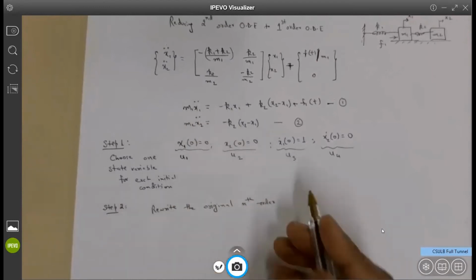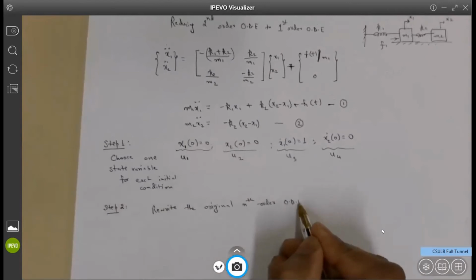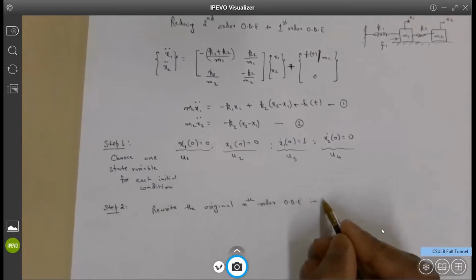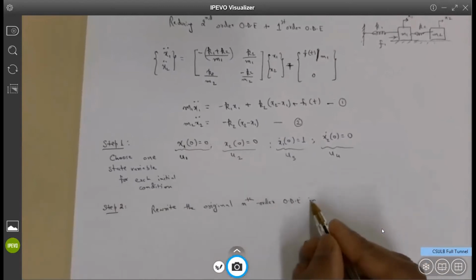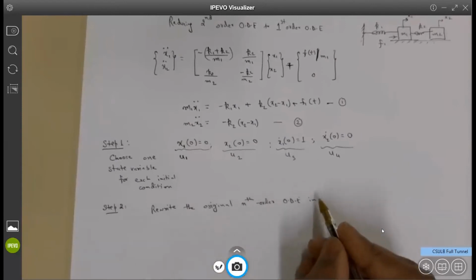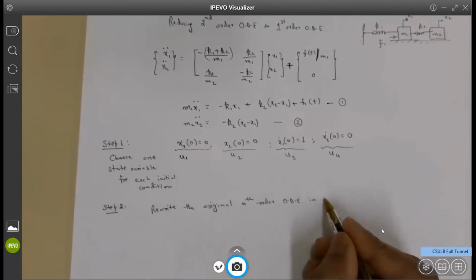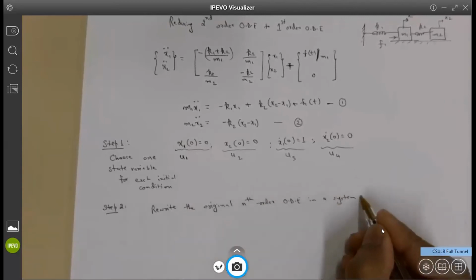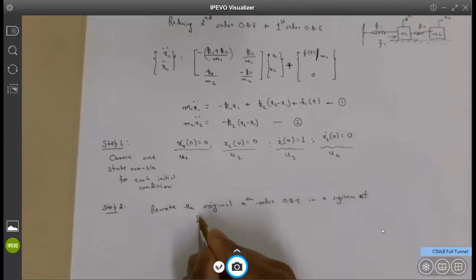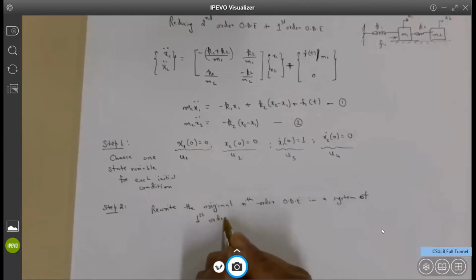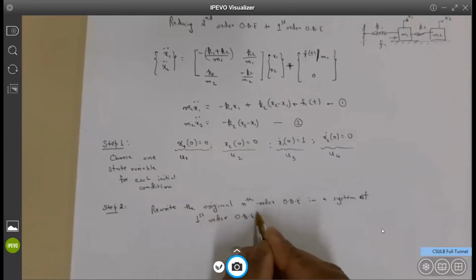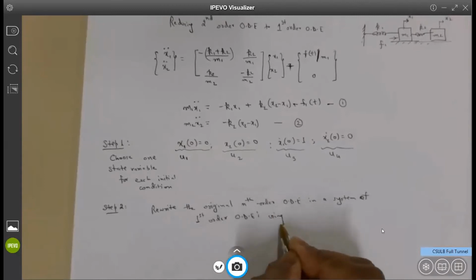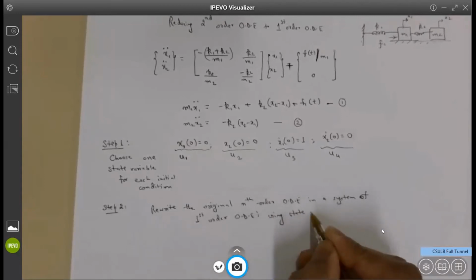So I'm saying rewrite the original nth order differential equation in a system of first order ODEs using state variables. So how to do that?